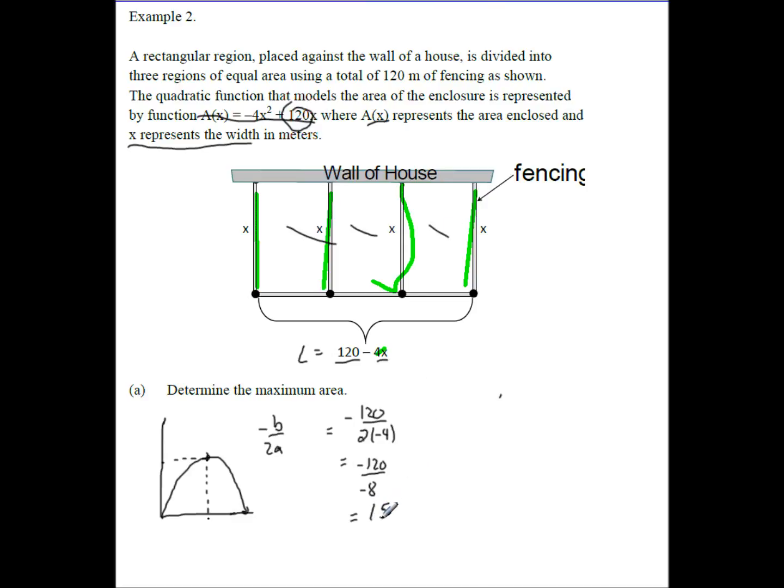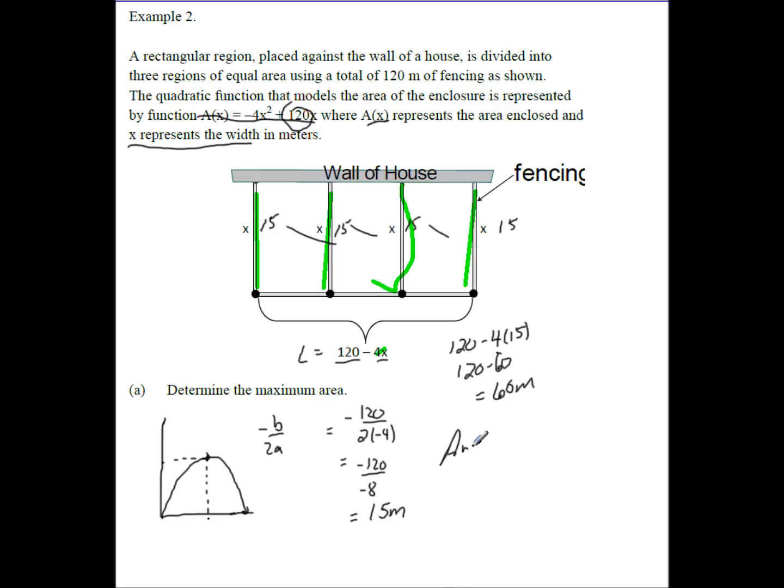So here, 15 meters. We're using 15 here, here, here, and there. The length in here is 120, subtract 4 of the 15s that are used to make the dividers. Subtract 60, so our length is 60 meters.